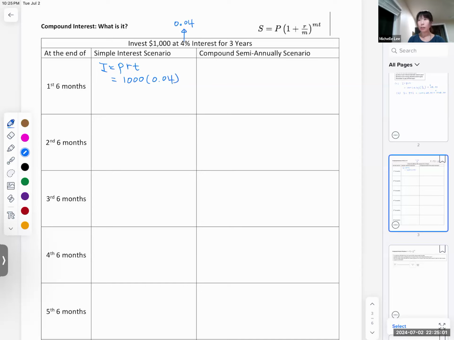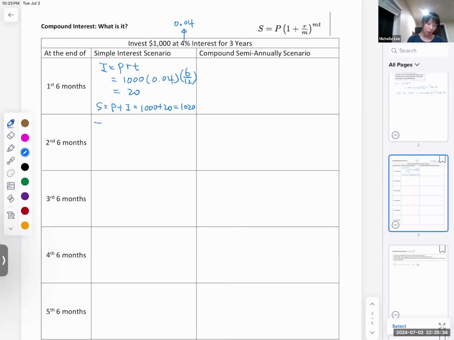And the T is 6 months, so 6 over 12. If we calculate, we get 20. And S equals P plus I, which is the initial amount 1,000 plus 20, which is 1,020.